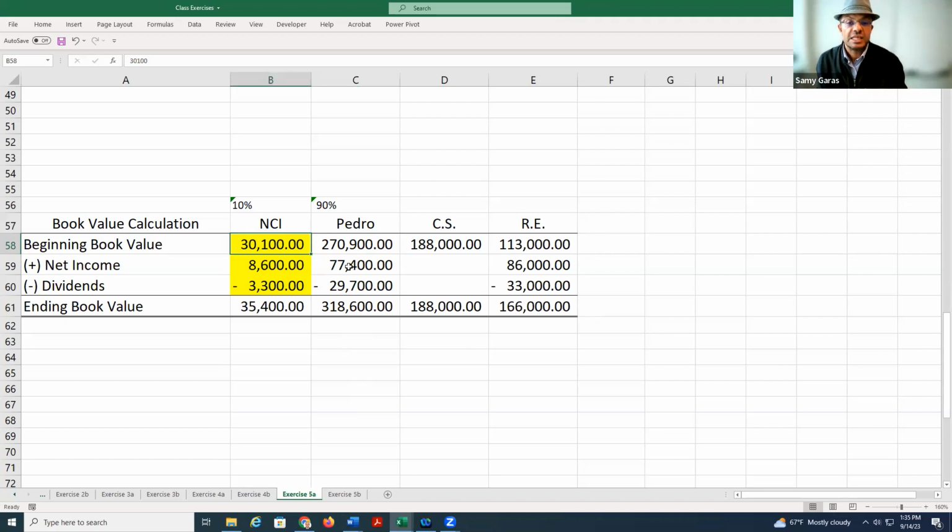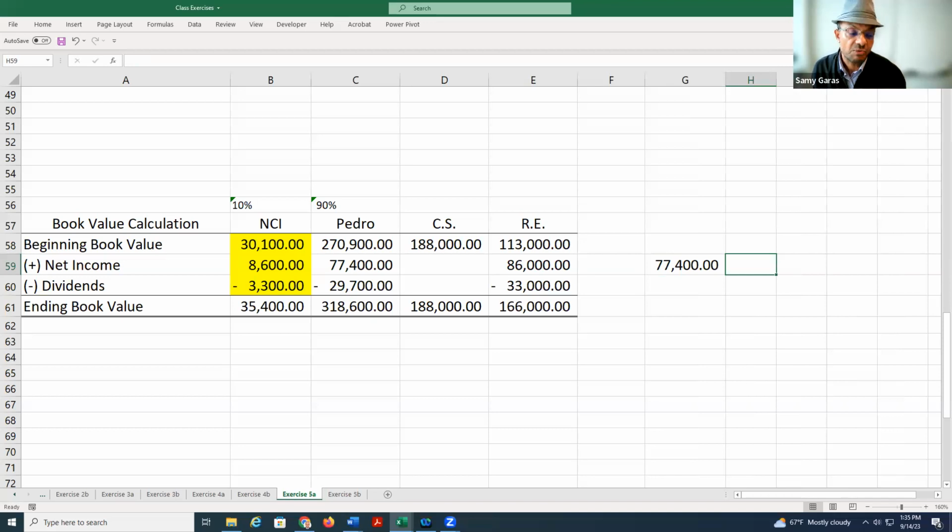Second, the net income here, 77,400. And we know that this one makes 90%. So how much do we get for 100%? Here, to get this amount, we divide 77,400 divided by 90%.